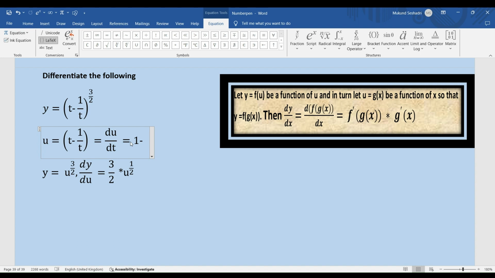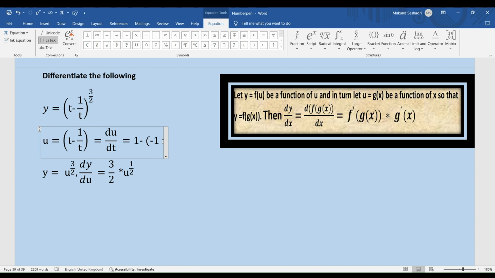My d by dt of plus 1 by t will be minus 1 divided by t square, right? And I'm again applying d by dx of x to the power n equals x to the power n minus 1 into n, right?